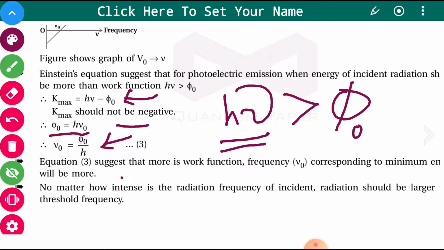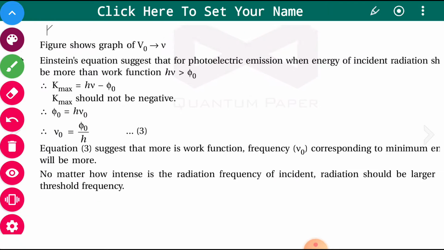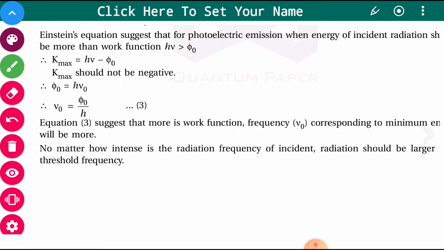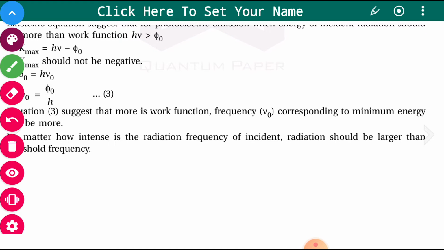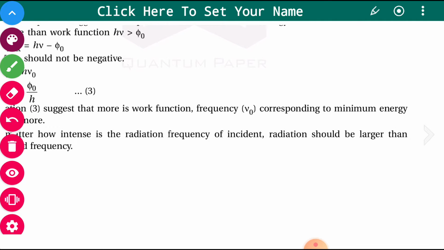This equation suggests that the more the work function, the more will be the frequency nu 0 corresponding to the minimum energy. More the work function, more the frequency. No matter how intense the radiation is, the frequency of the incident radiation matters.